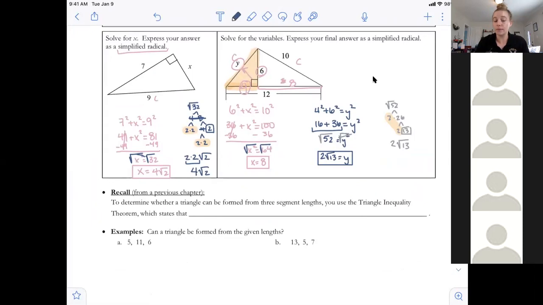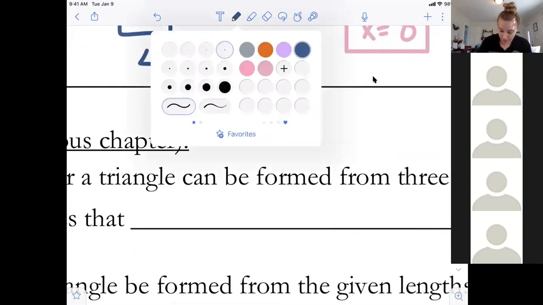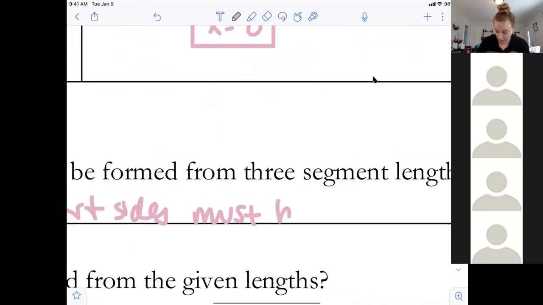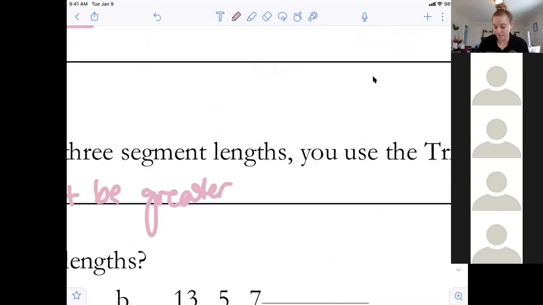To determine whether a triangle can be formed from 3 segment lengths, we use the triangle inequality theorem, which states that the 2 short sides of the triangle, or the 2 short lengths, must be greater than the longest side.